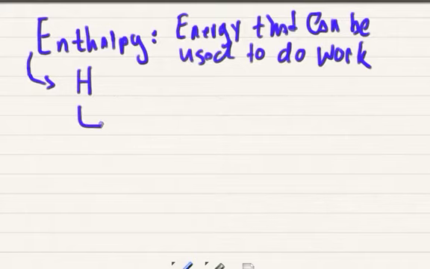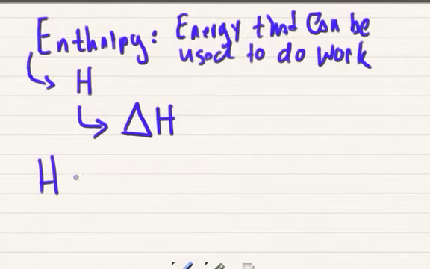But when we're looking at chemical reactions, what happens is the enthalpy is changing. So it's more important, when we look at a chemical reaction, to look at the change in enthalpy, or what we call the delta H. Let's go back to how we define enthalpy.